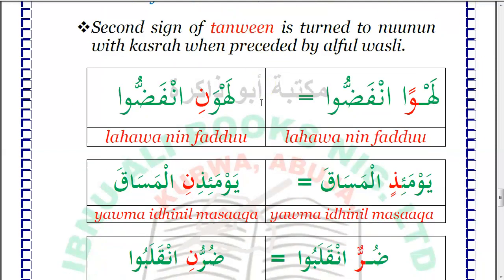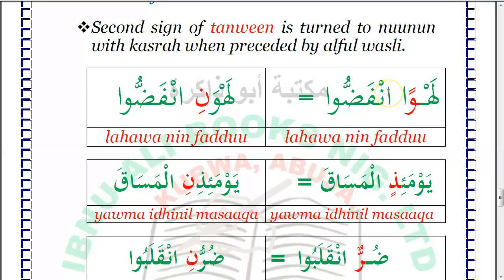I hope you understand. Now, the second sign: tanween is turned to noon with kasra when followed by alif al-wasl. What does that mean? Here is one with double fatha. Still talking about alif al-wasl. One with fatha. We are supposed to read it as lahawan.